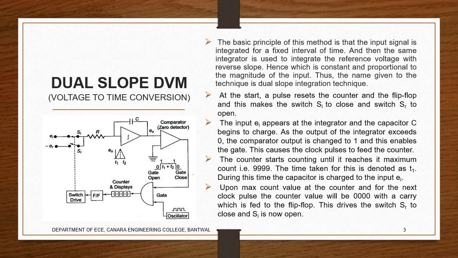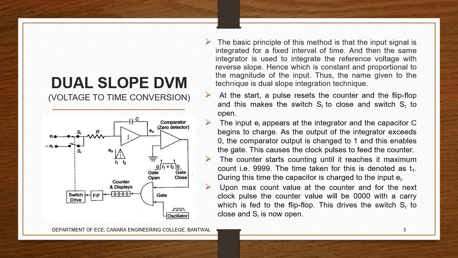So whatever value is given in the input EI is charged up to the count of 9999, which is given as the maximum count. Upon the maximum count, the clock pulse goes to 0 with a carry that is fed to the flip-flop.